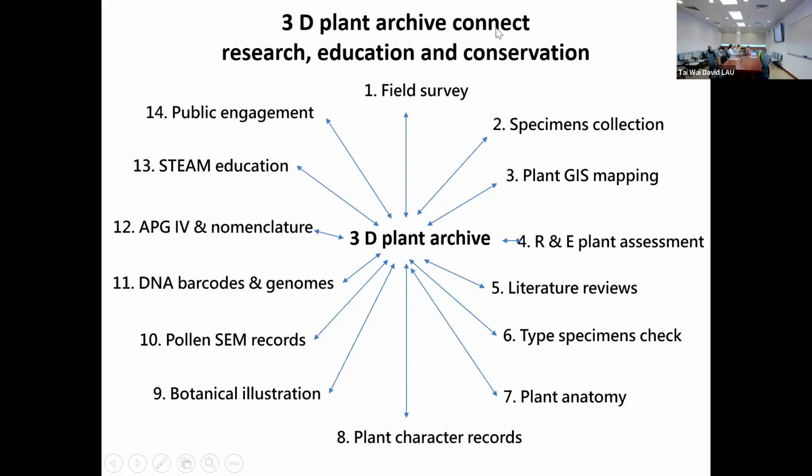It really connects our research, education, and conservation from all aspects, from the field survey, specimen, GIS, rare and endangered plant, literature review, type specimen, plant anatomy, a character record, botanical illustration, pollen SEM record, barcoding, APG4 system documentation, STEAM education, and public engagement, so that it really enrich our work and help us a lot.